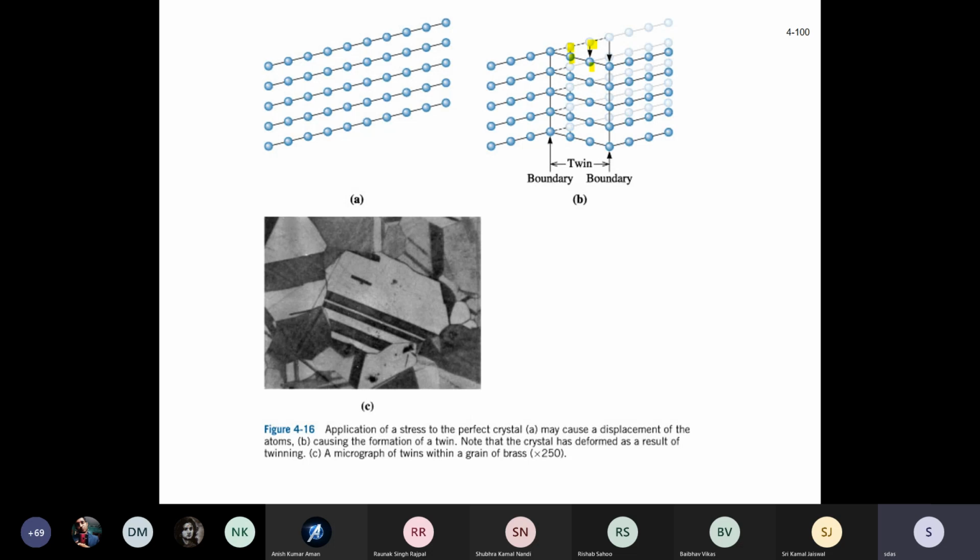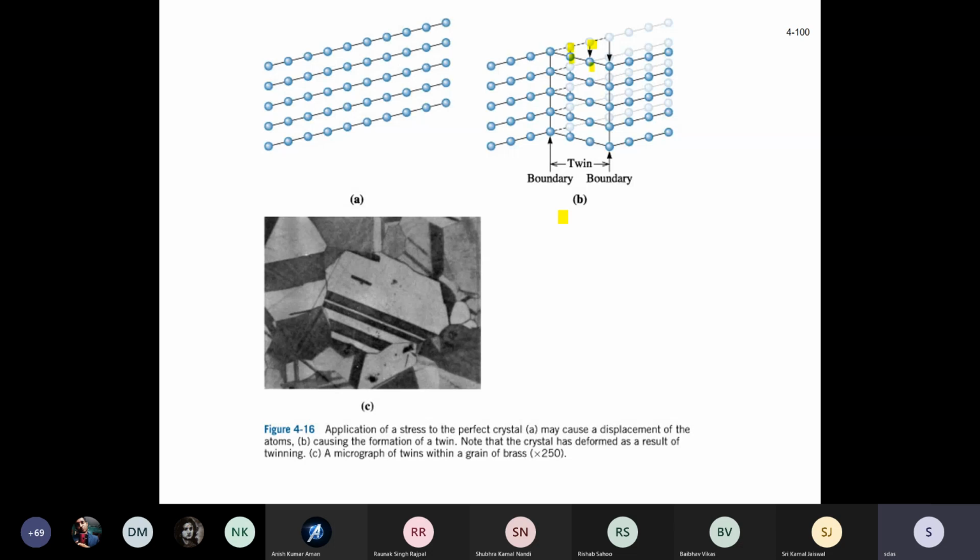Now twinning takes place. During twinning, the orientation of the plane gets changed. And now those planes which were at an angle with respect to the applied load, which did not result in the critical resolved shear stress value reaching, now their angle is different, and the applied load will create a resolved shear stress component on those planes whose angular relationship got changed. Now they reached a critical resolved shear stress value.